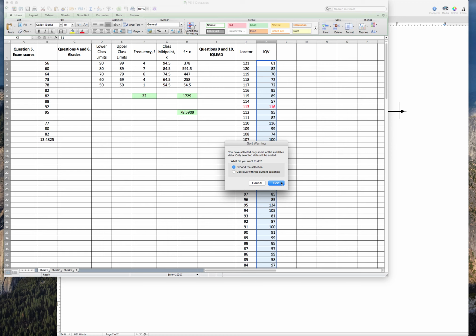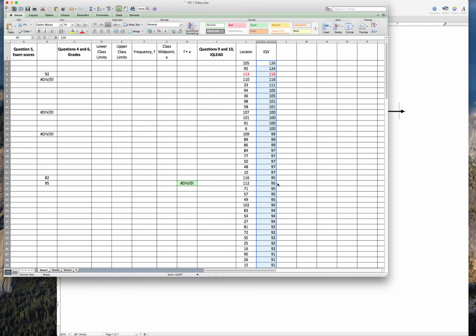And instead of saying continue with current selection, I will say expand the selection. I will click sort, and now those two values follow along each other, and the locators are out of order. So these are in order, the values in the set, but the locators are not. So you don't want to do that.